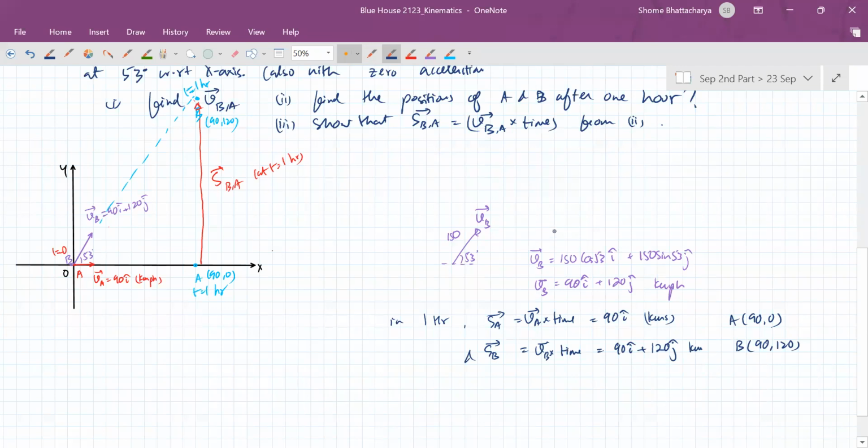So first of all, from this earlier data, this one and this one, you can see the answer to the first part.